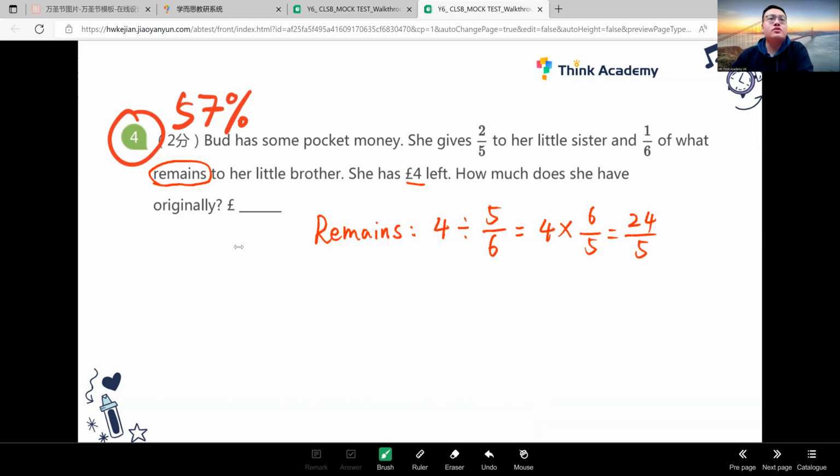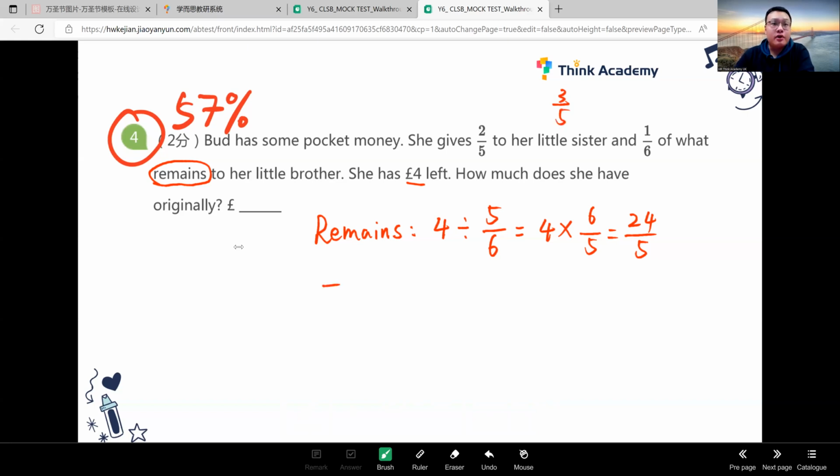Now let's move on to the original money that Bud has. It says she gives 2/5 to her little sister, and this will be the remains. What does that mean? That means the remaining money will be 3/5 of the original amount, right?